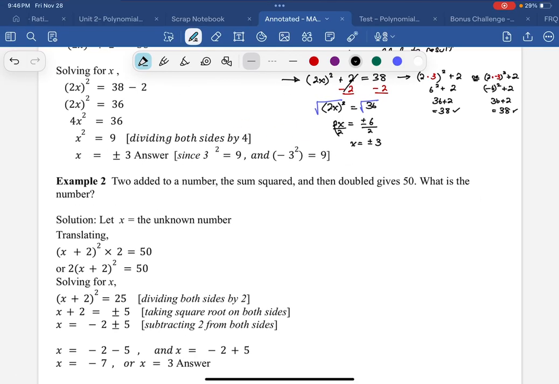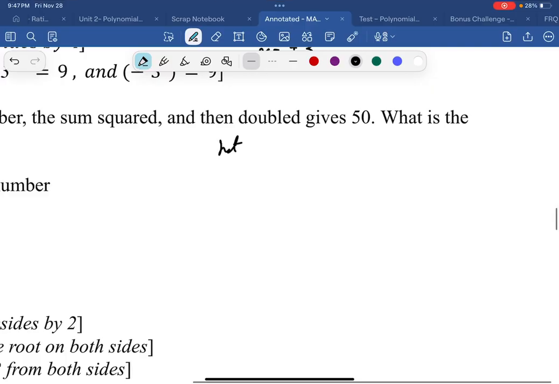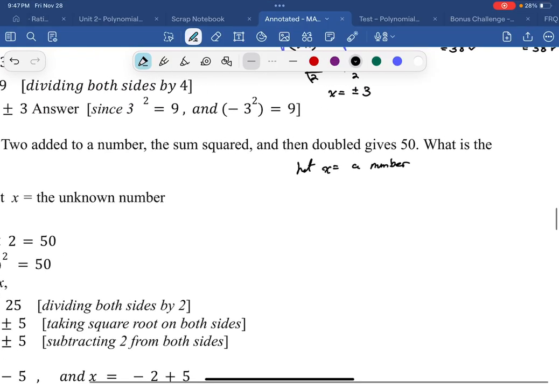3 would satisfy it, or negative 3 would satisfy it, but we have to present both as options. All right. 2 added to a number, the sum squared, and then doubled gives 50. What is the number? So again, let x equal a number. One piece at a time. 2 added to a number.